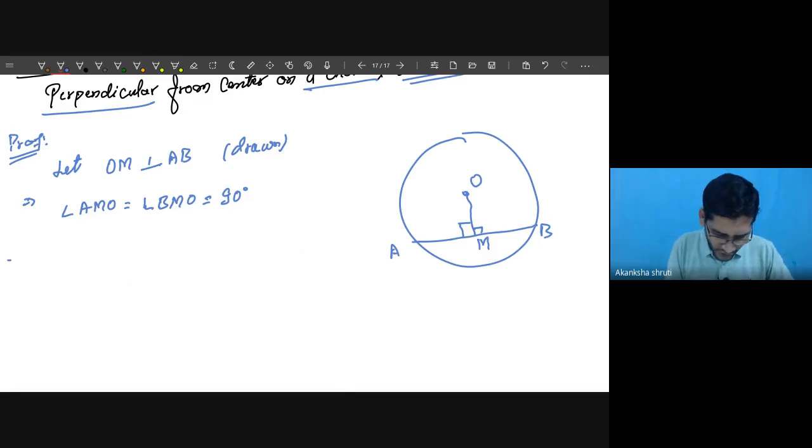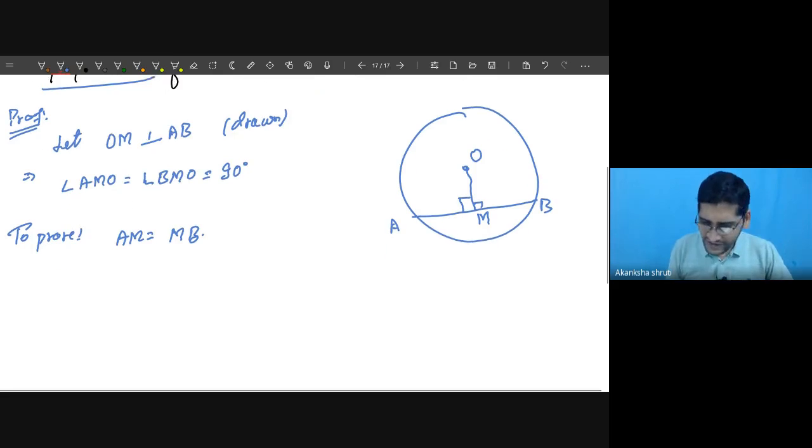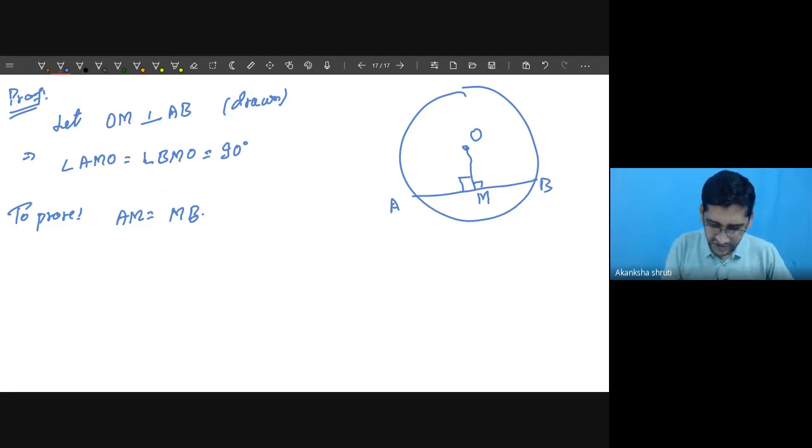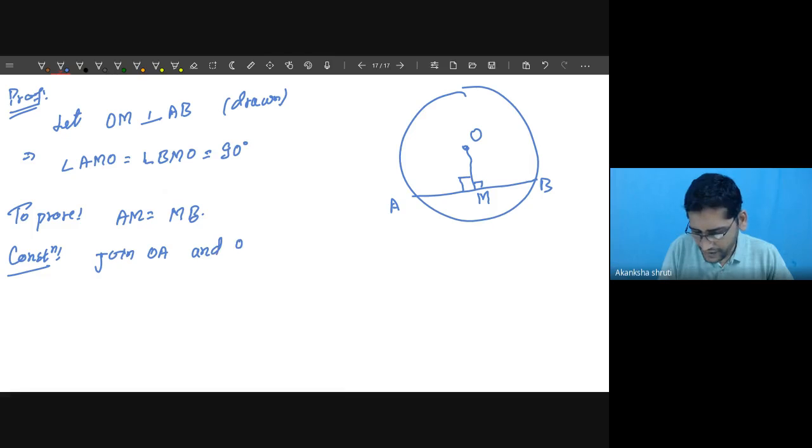Now what do we have to prove? We have to prove that AM is equal to MB. Okay. For this, you have to construct a triangle. So write down the construction. Join OA and OB.